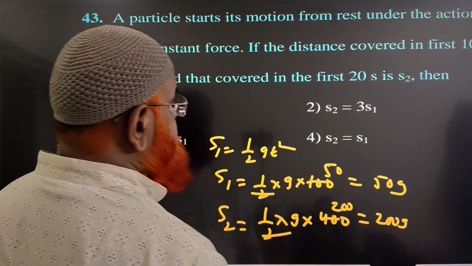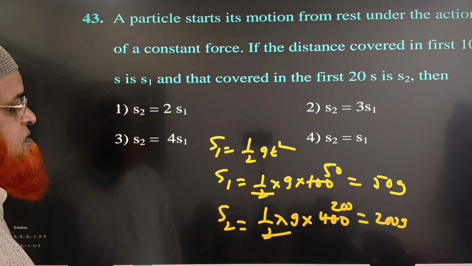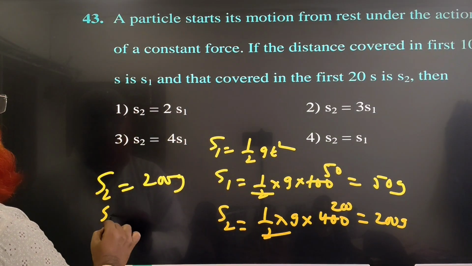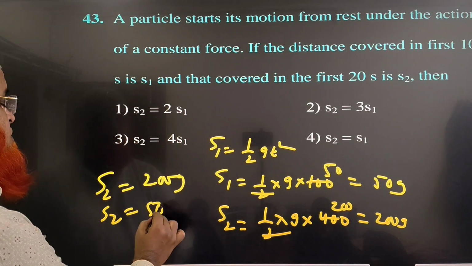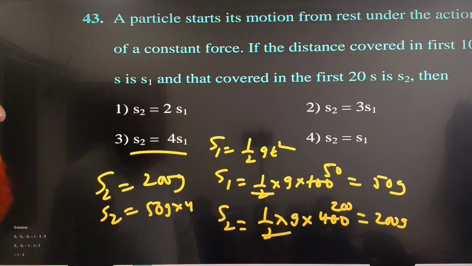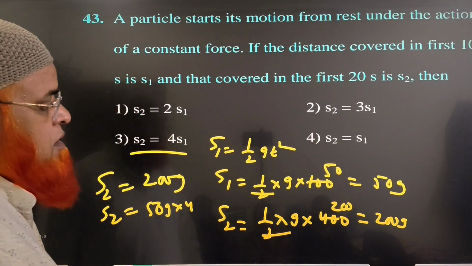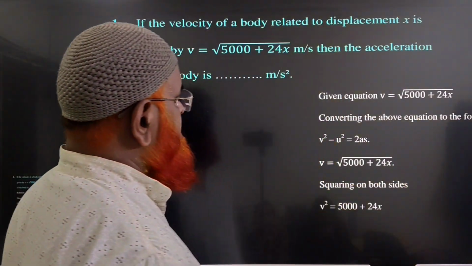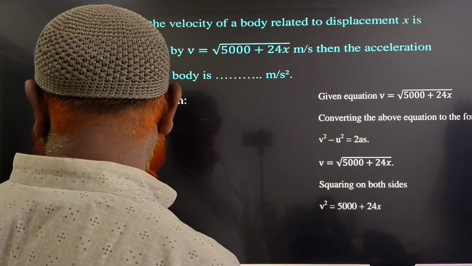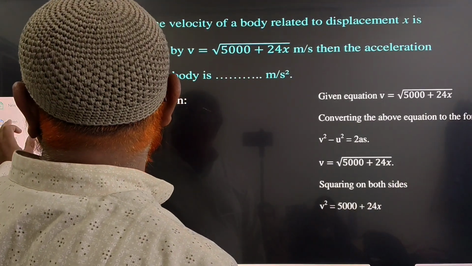So 200g. s2 is equal to 200g. Means s2 is equal to 50g into 4. Understood? 4 times like this also. This we have done just now. Without differentiation we have done it.